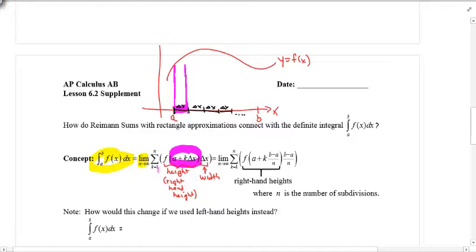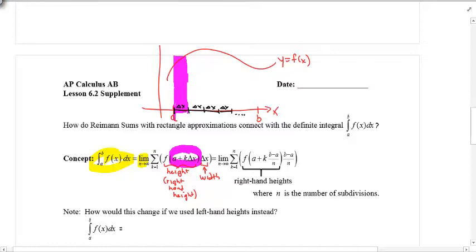So if for our first rectangle k equals 1, it's going to be a plus delta x. Can you see that I'm using the right-hand endpoint to represent the height of my first rectangle? That's why it's a plus k times delta x.